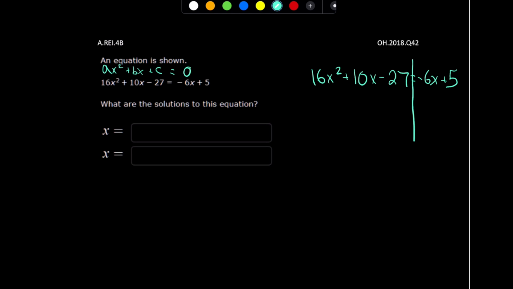So we're going to get rid of everything on the right side. So we're going to get rid of this 6x. To get rid of the 6x, we have to move it to the opposite side of the fence. Remember, opposite side, opposite sign. So instead of minus 6x, we're going to add 6x to both sides. 10x and 6x are like terms because they both have x with no exponent.